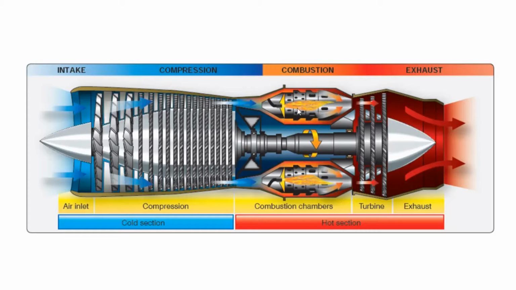A portion of this energy generated inside the combustion chamber gets consumed by the turbine section, which rotates the shaft and in turn rotates the entire compression section, which again sucks the air and flows it through the combustion chamber.